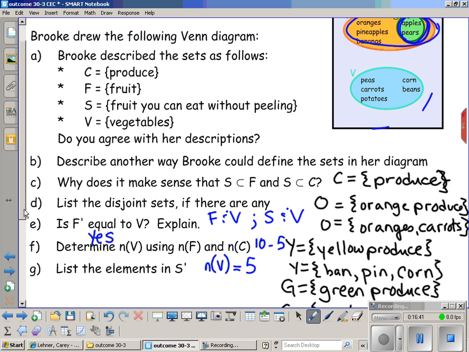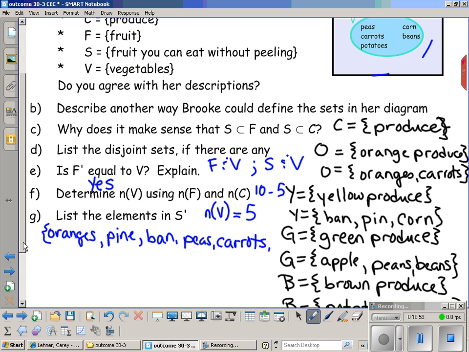So we would have oranges, we'll have pineapples, we will have bananas, peas, carrots, potatoes, corn, and beans. So it's all of the elements in the entire set, so in our C, that were not in F.